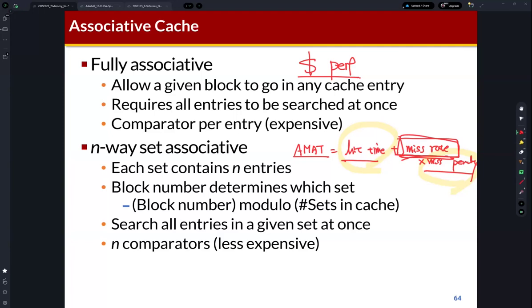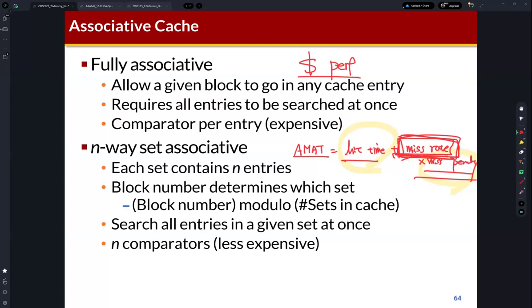And the miss penalty is also determined by the performance of the low-level cache or main memory, right? If main memory is slow, miss penalty will be increased. But how about the miss rate? Miss rate can be determined by cache configuration.